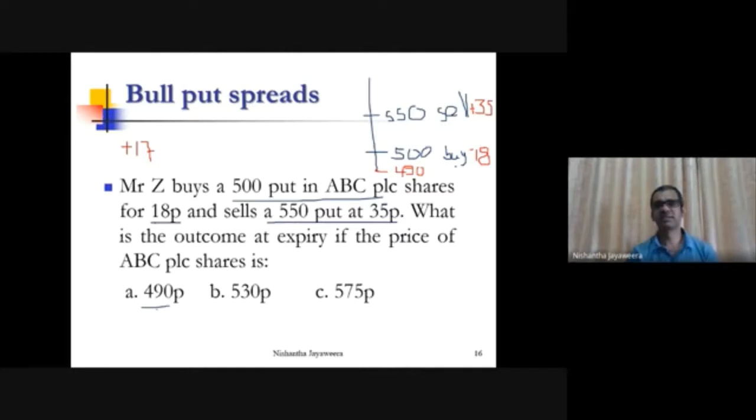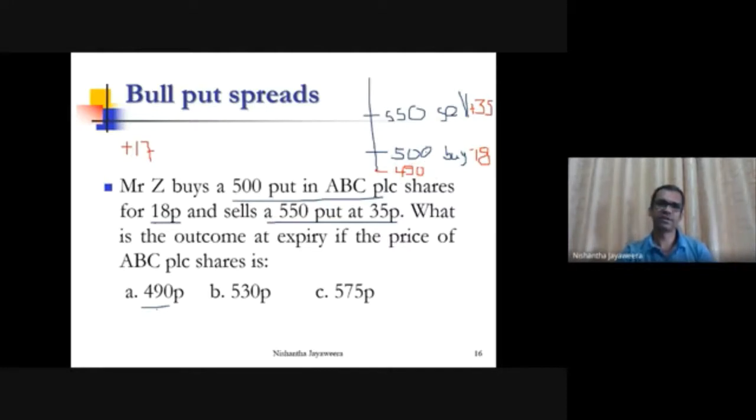The market price is less than 500. What is the option that you bought? You bought an option with a strike of 500, but what type of option did you buy? A put option.